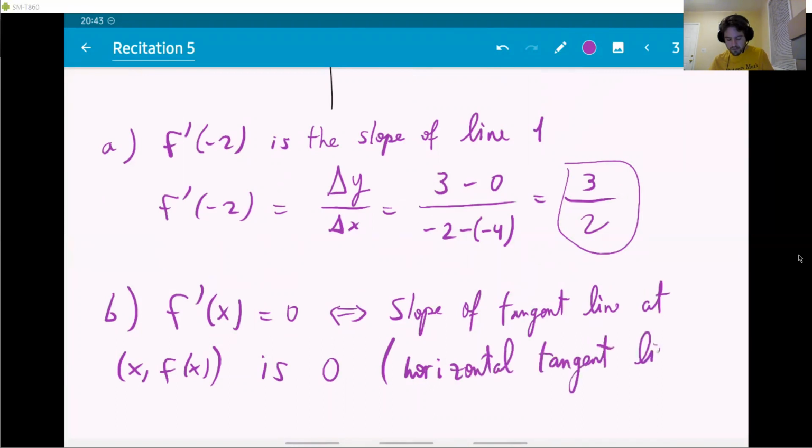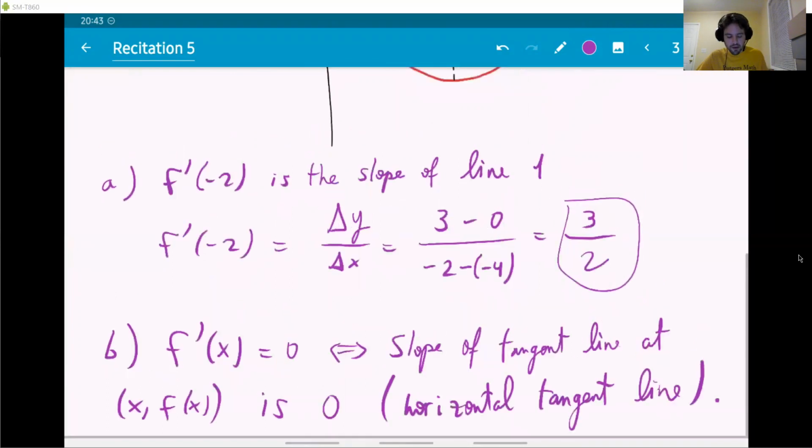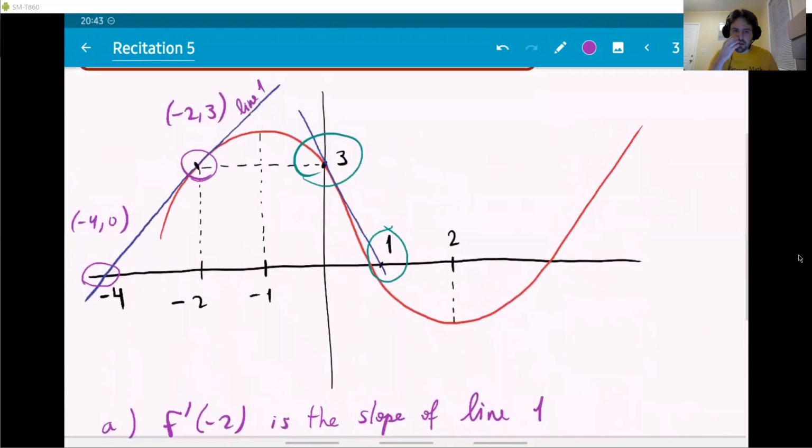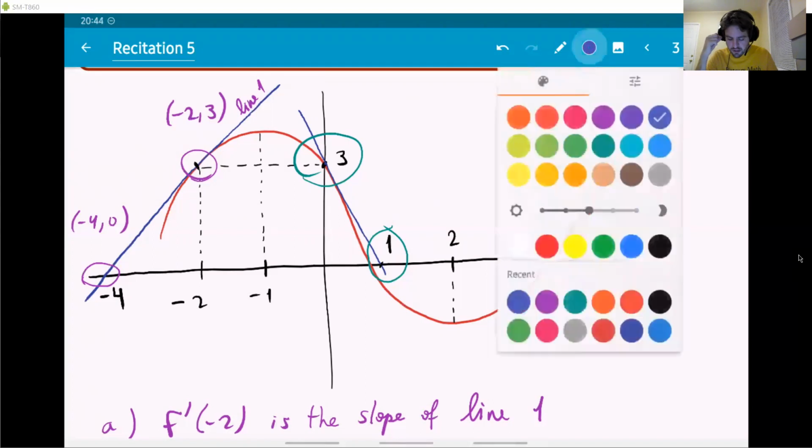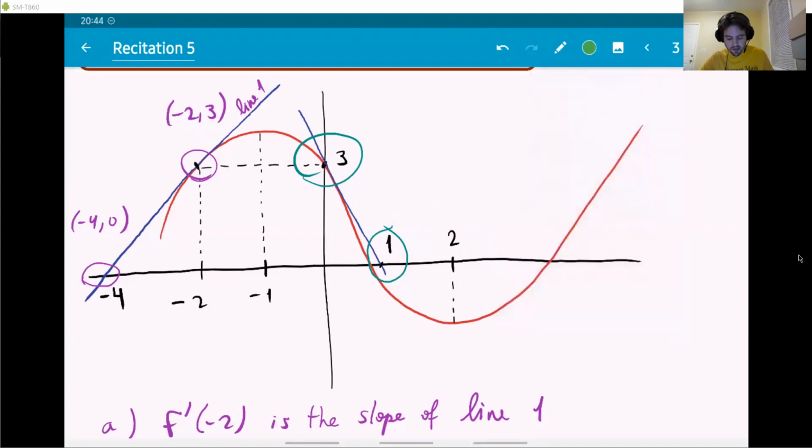That's always the case. If you have a function and its derivative is 0 at a point, then at that point, the tangent line should be horizontal. Now looking at the graph in red here, the only 2 points that are shown to us where the tangent line is horizontal are x equals 2 and x equals -1. It's those 2 points.